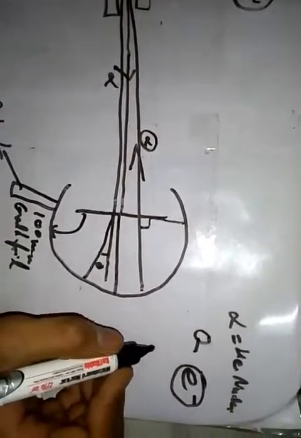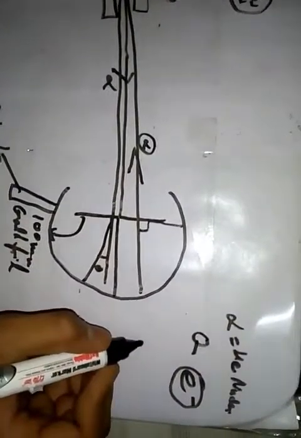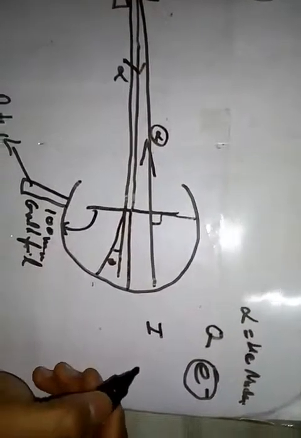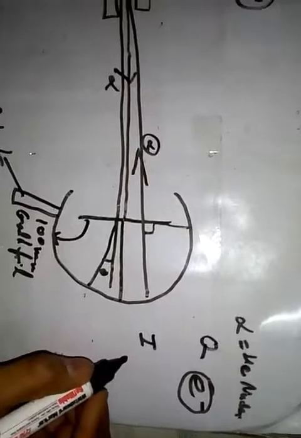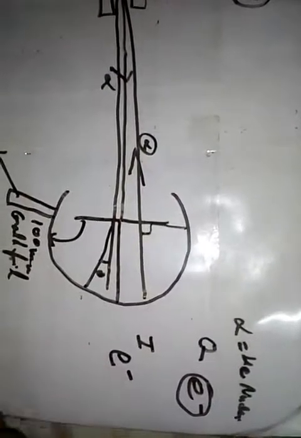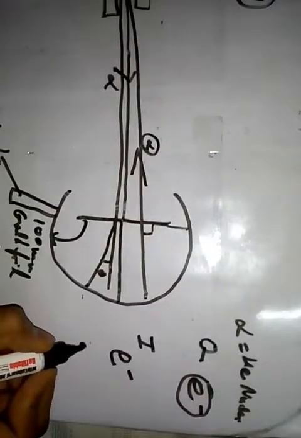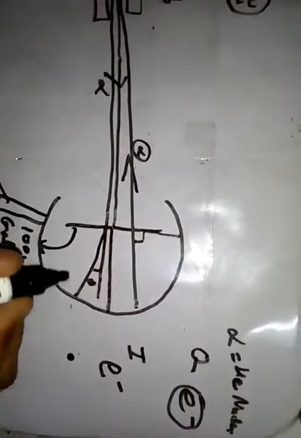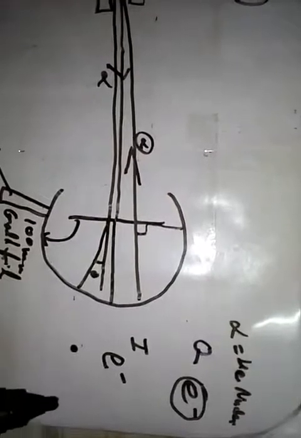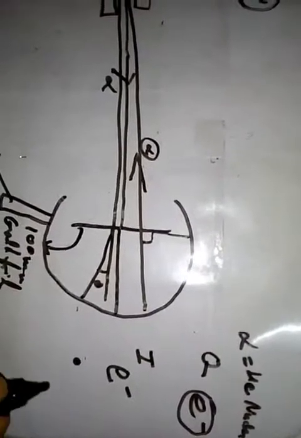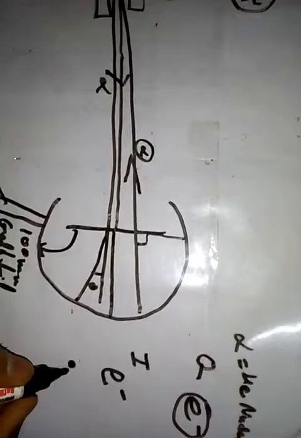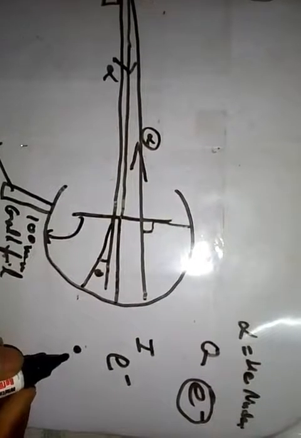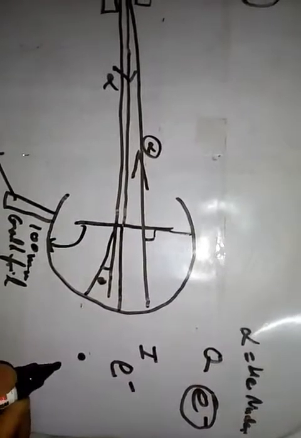So it cannot be an electron that rebounds the alpha particle back, because alpha particles are obviously much heavier than electrons. He proposed that there must be something very dense and very small, because most of the alpha particles pass straight, and very few alpha particles were rebounded back. As very few were rebounded, that dense material must be very small.